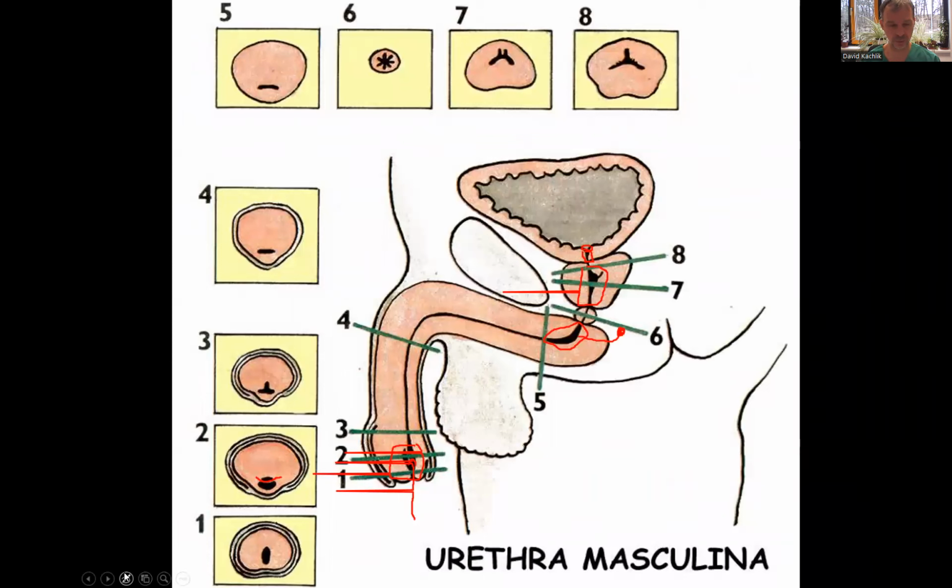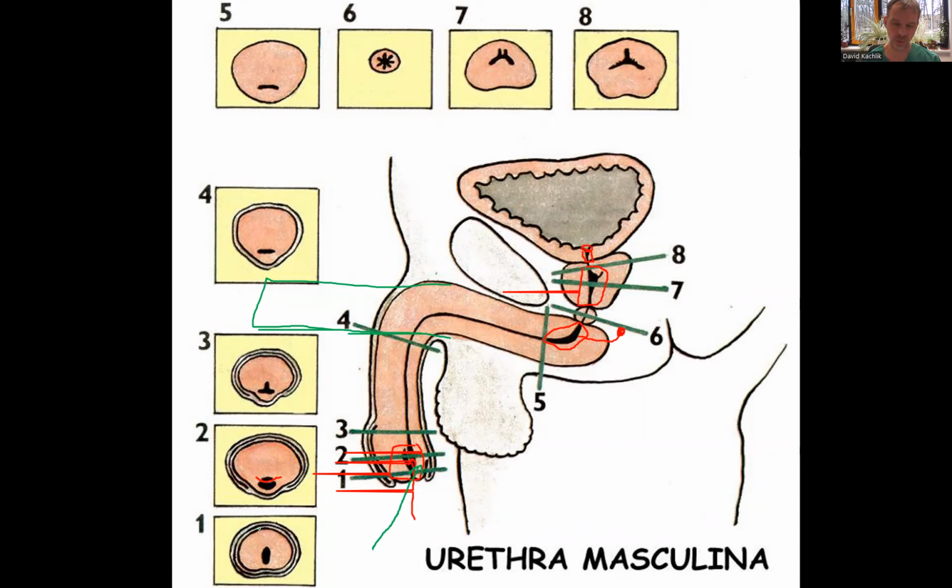So if you want to perform catheterization, you have to first put the penis into horizontal position, so this prepubic curvature is straightened. And then if you enter the external orifice, you have to go this way.